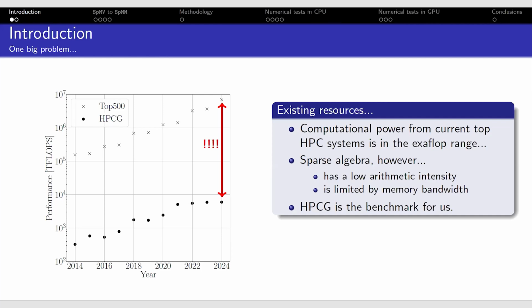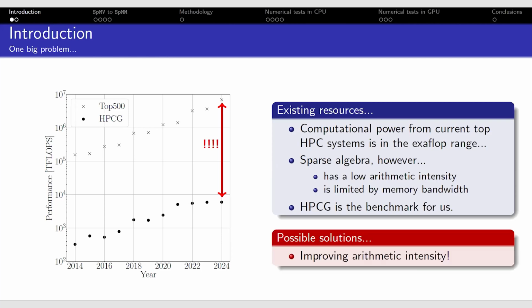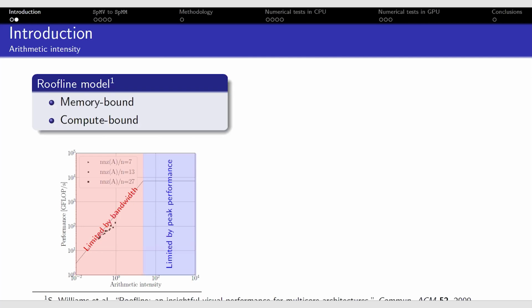In order to get closer to this peak performance, which is actually the most performance you can expect from those HPC systems, one possible solution would be increasing arithmetic intensity. In order to see where we are currently, as you most likely know, we have what is called the roofline model, in which we divide the codes we have into two different kinds.